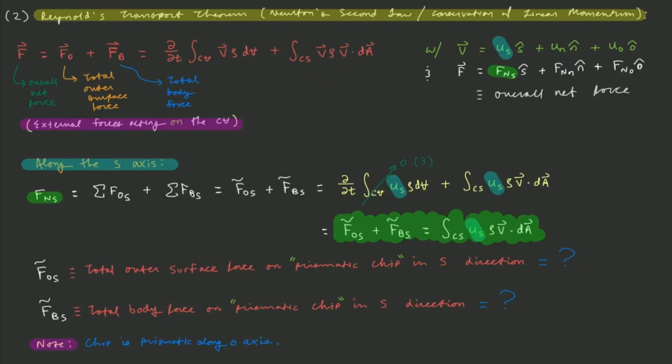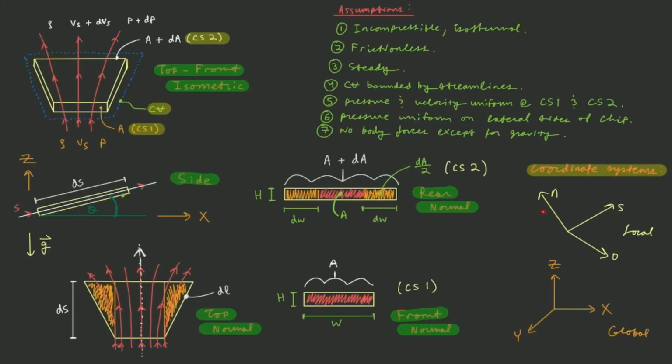What we need to do before we break down this equation is look at our velocity vector. In our local coordinate system, our velocity vector v will have an s component, an n component, and an o component. That comes from the coordinate system right here, where we have this s axis, then our n axis, then an o axis.